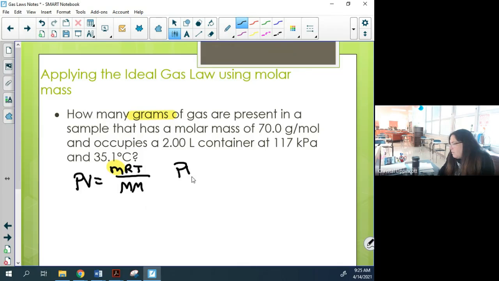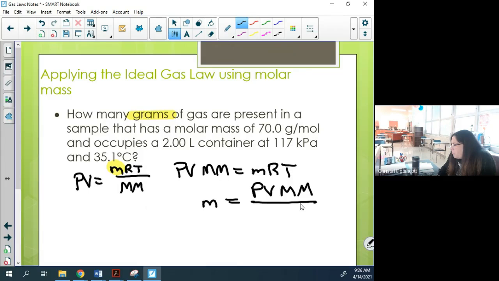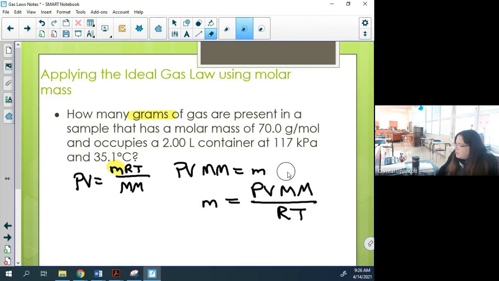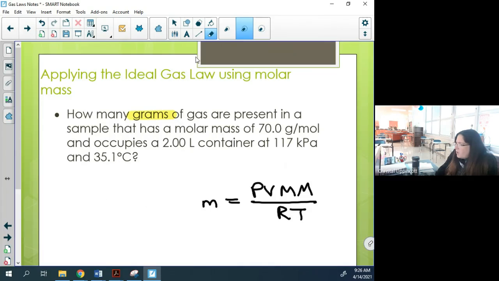That gives me PV times MM equals MRT. You keep up with me with the algebra there? Then I'm going to divide both sides by RT to get m by itself. So that gives me my formula for what I'm going to be working with to solve this problem. Now that you have your formula rearranged, see if you can solve for our grams. We're solving for this m here. See if you can do that.